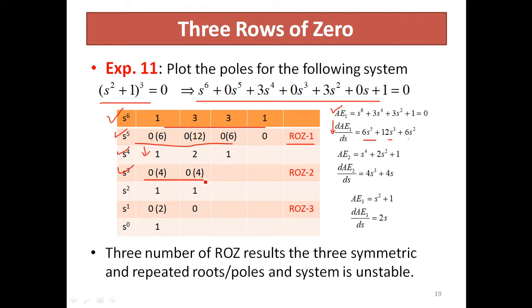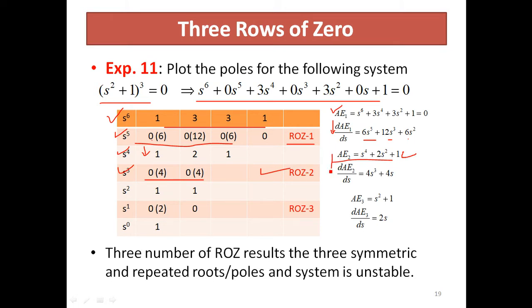Again you are having all elements as 0 of this s raised to power 3 row. This is another ROZ. Second one. Write the auxiliary equation just above the elements of the ROZ row. So s to the power 4 plus 2s square plus 1 is the auxiliary equation 2.